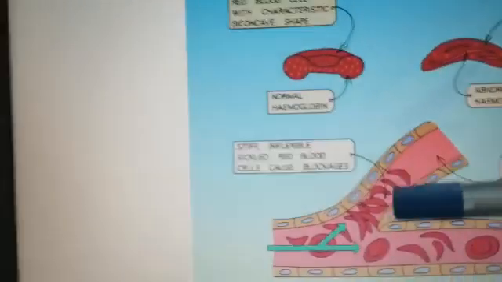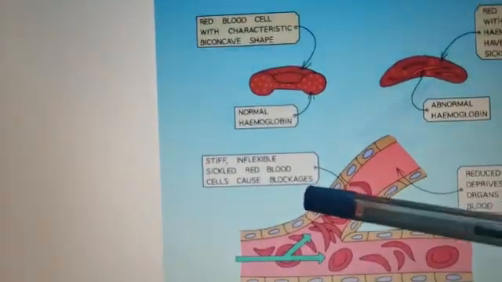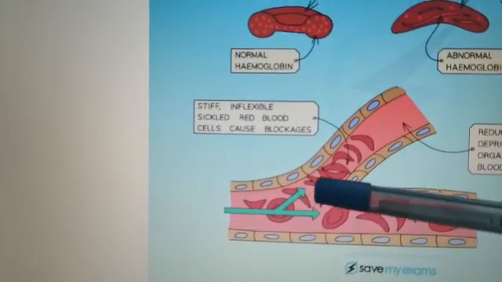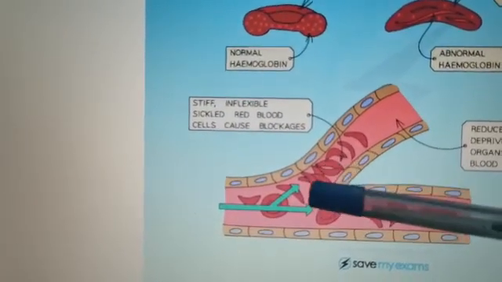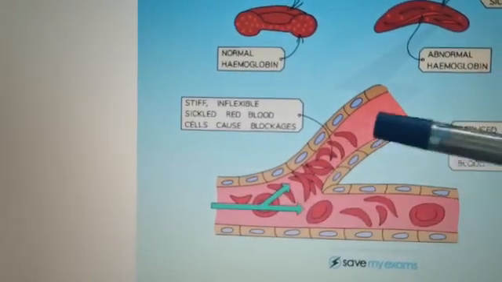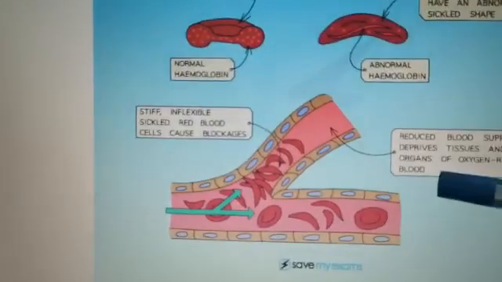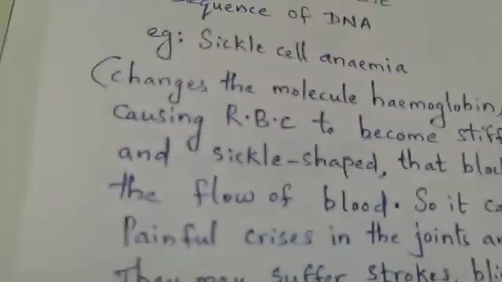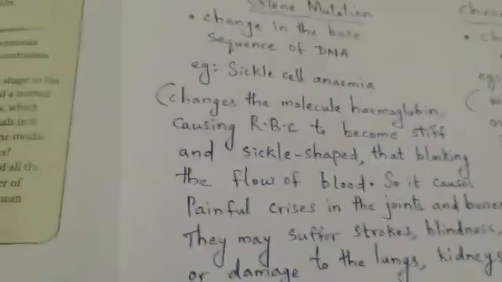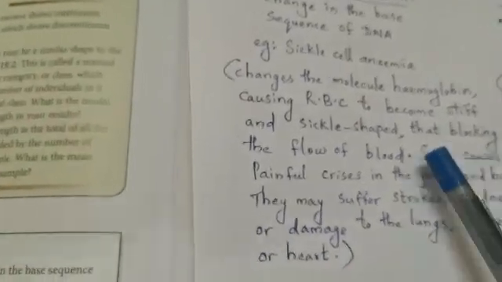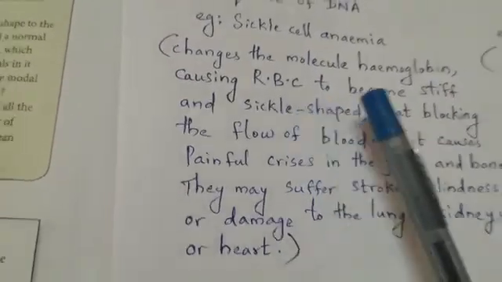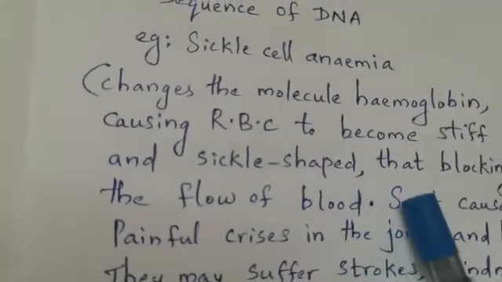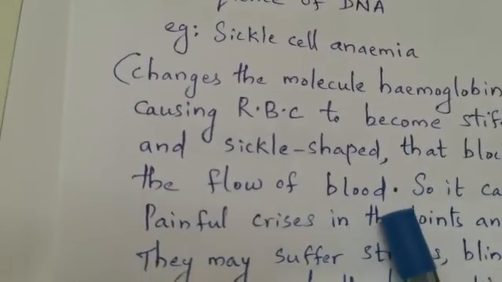It can block your blood circulation. The sickle cell RBCs can cause blockage in the blood circulation and make problems in the body. Look here, changes in the molecule of hemoglobin cause the RBC to become stiff and sickle shaped, blocking the flow of blood.